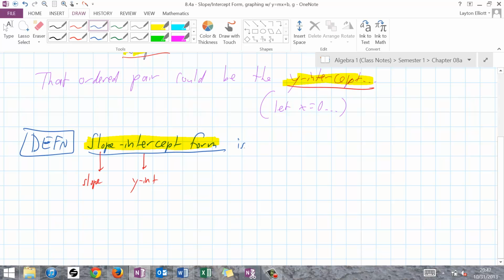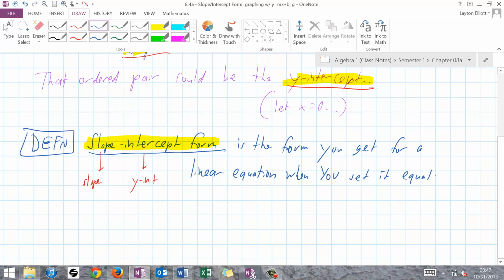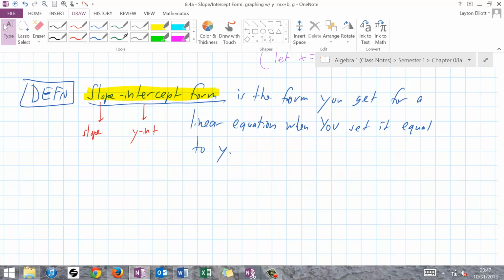Slope-intercept form is the form you get for a linear equation when you, meaning you the person, set it equal to y. I'm going to give an example of this, and we'll clarify this.